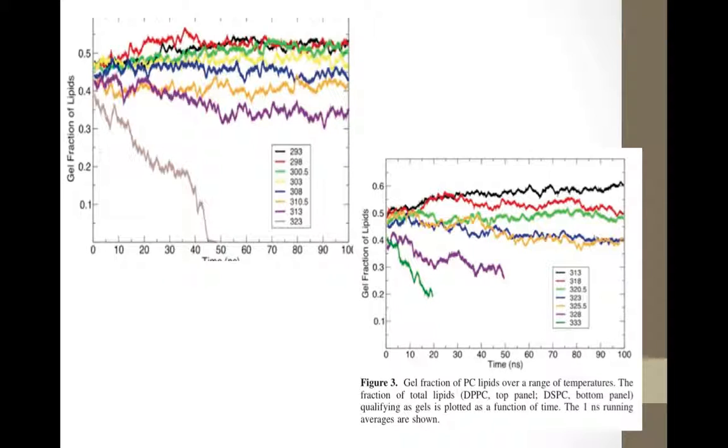At all temperatures, the change in lipid order is localized at the gel-fluid interface, even for the DBBC at 313 Kelvin, where the gel phase melted completely.